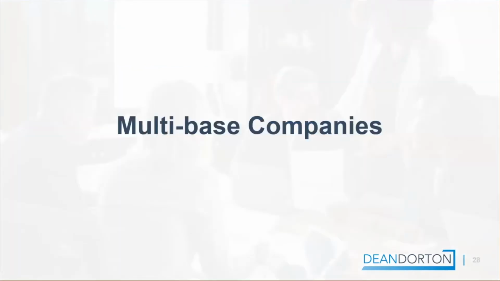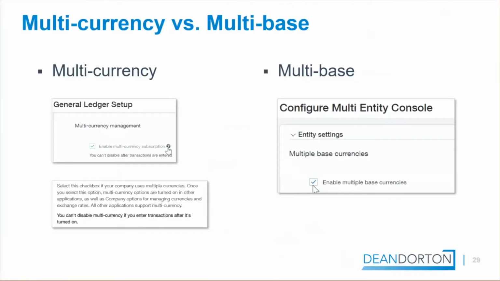Multi-base companies. All right, so what is a multi-base company? It's pretty simple. Multi-currency is a company that has the same base currency for their entities, but they do want to enable and allow multi-currency transactions.